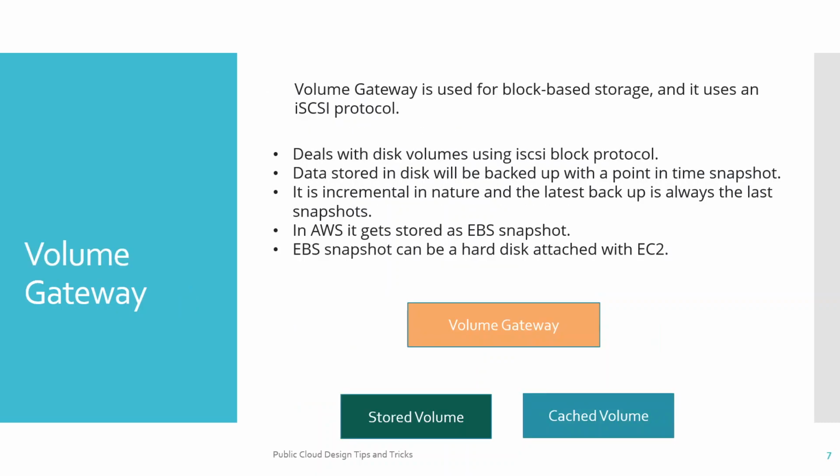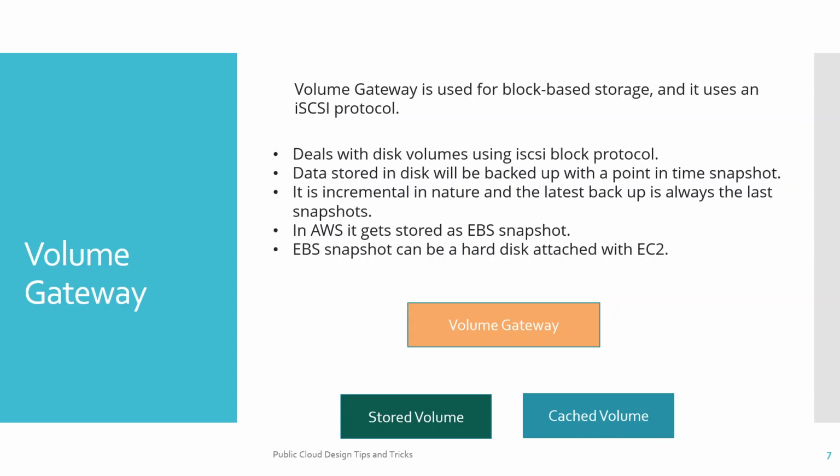Now, what is volume gateway? Volume gateway is used for block-based storage, and it generally uses the iSCSI protocol. So it deals with disk volumes using the iSCSI block protocol. Data stored in disks is generally backed up with point-in-time snapshots.